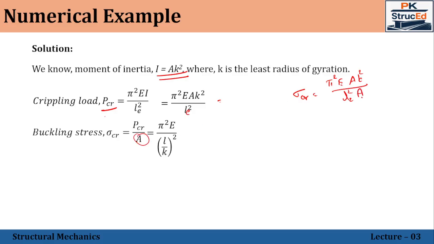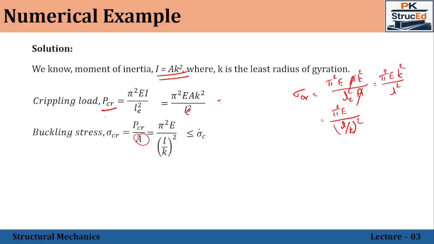This A and A will get cancelled. This will be equal to pi square E K square divided by L square. Bringing that K to the denominator, we'll get pi square E divided by L by K whole square. That is what has been written here.